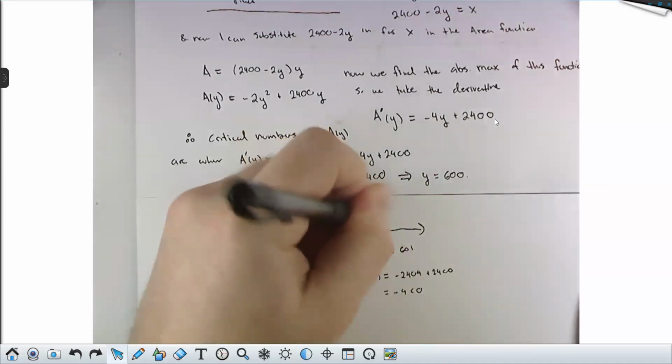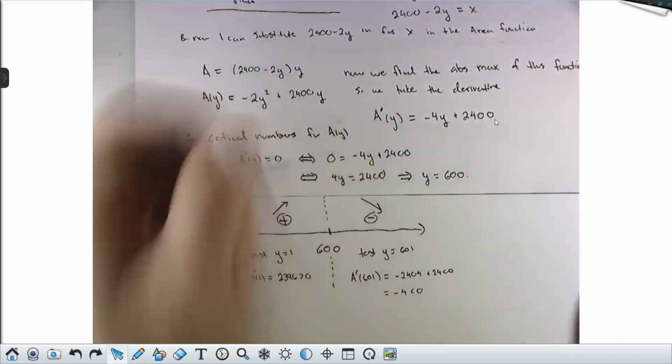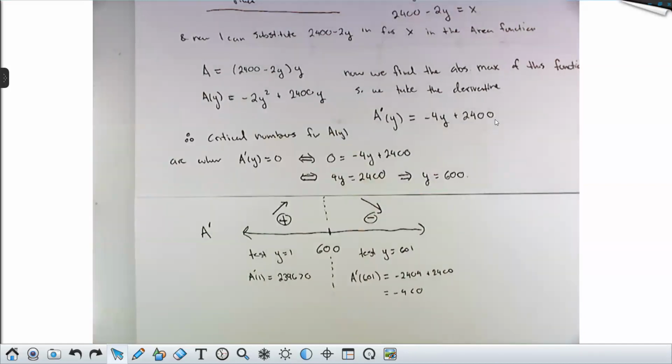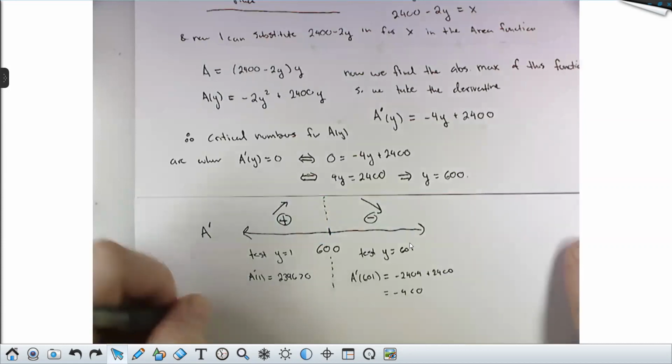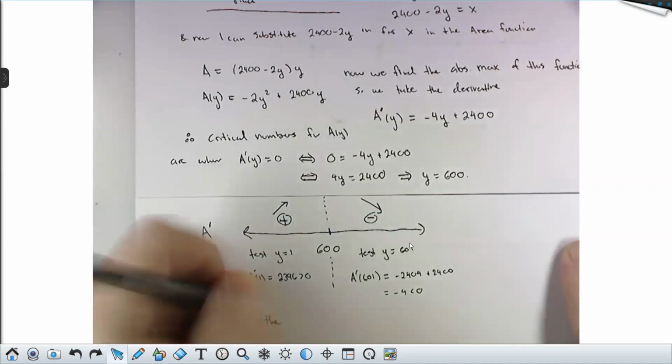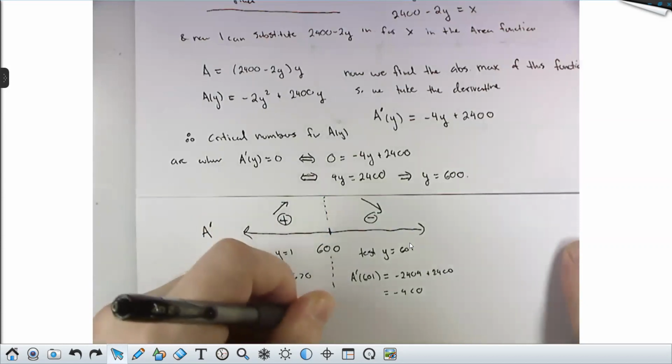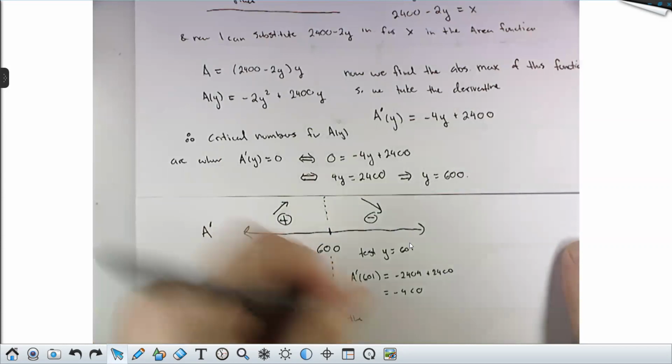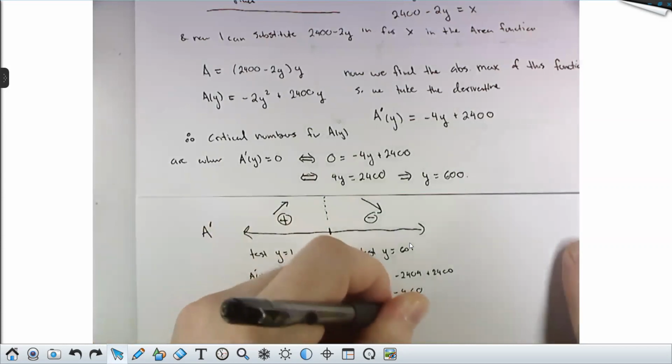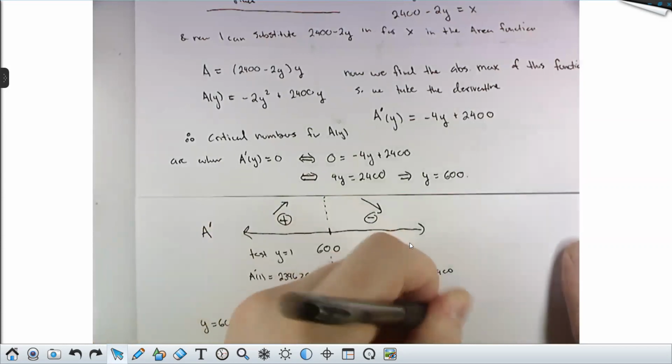So we're decreasing everywhere over here. So A prime is positive everywhere to the left of 600 and negative everywhere to the right of 600, which means A is increasing everywhere to the left of 600 and decreasing everywhere to the right of 600. So y equals 600 is the location of the absolute max for A of y.